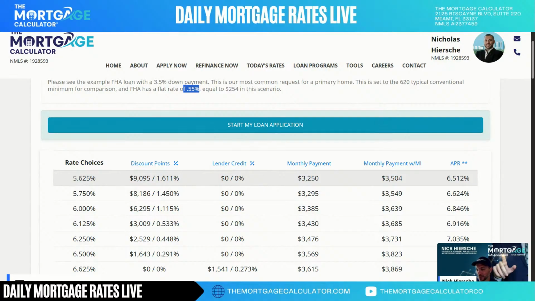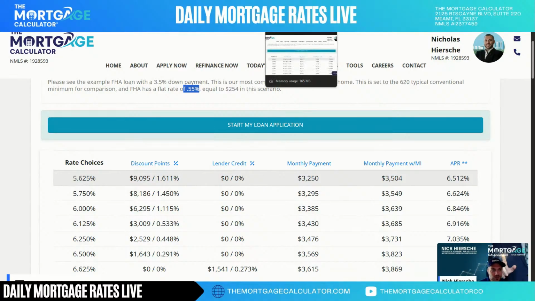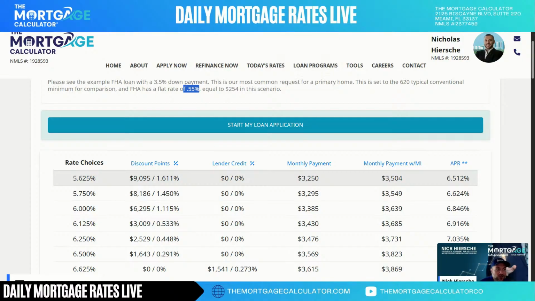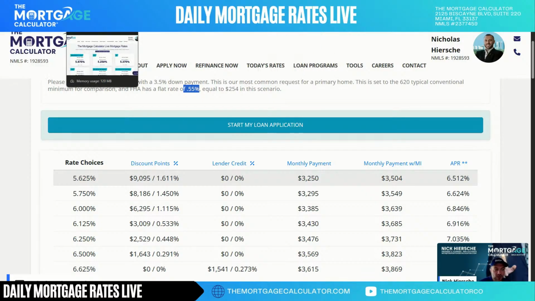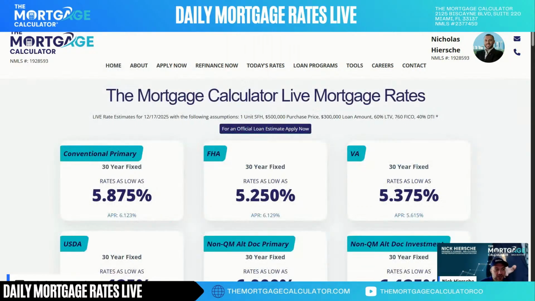Obviously, that's going to affect the qualifications as well. So we typically want to use FHA when we can, and typically it's the more lenient option when our borrower has a lower credit profile. And remember, when you see our live rate examples that we go over, it doesn't make that big of a difference because for our higher credit borrowers with a 760 FICO in these examples, there isn't that much of a difference between conventional and FHA.